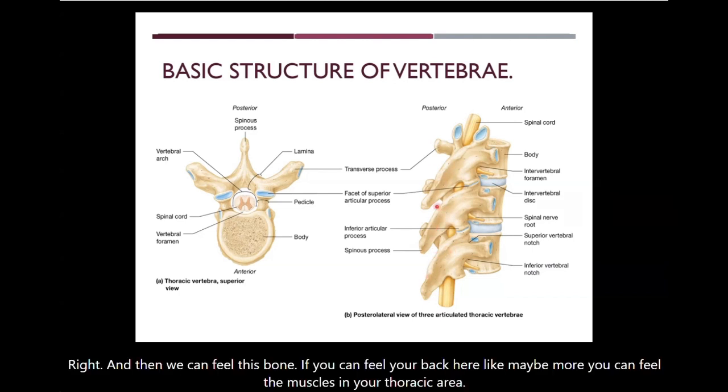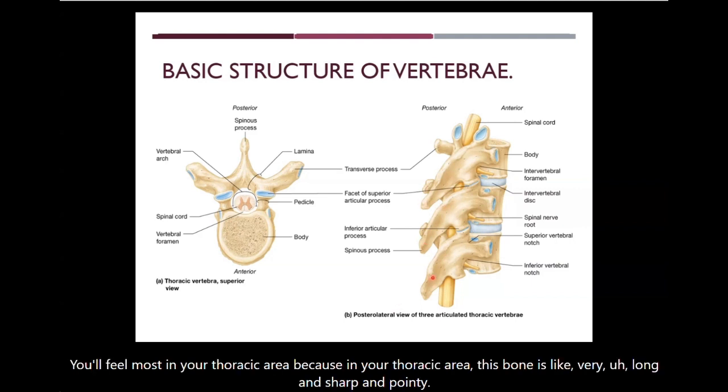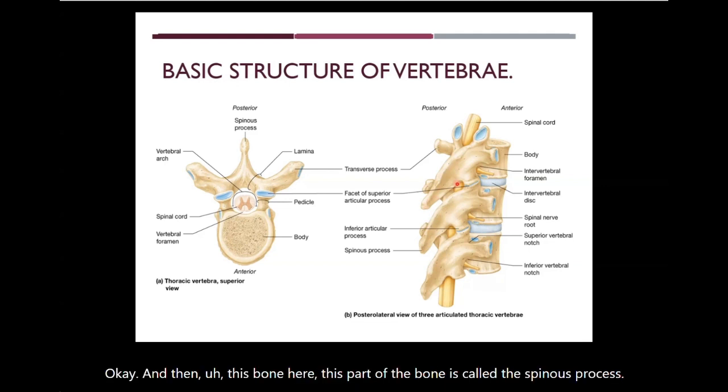If you feel your back, you can feel it most in your thoracic area, okay? Not as much in the lumbar, and not as much in your cervical area, because in your thoracic area, this bone is very long and sharp and pointy, okay? This part of the bone is called the spinous process.